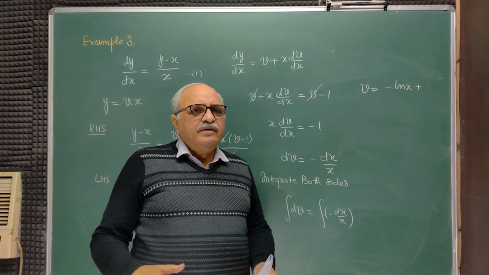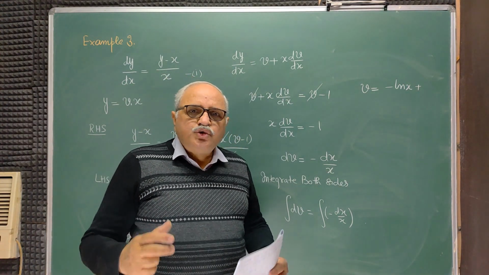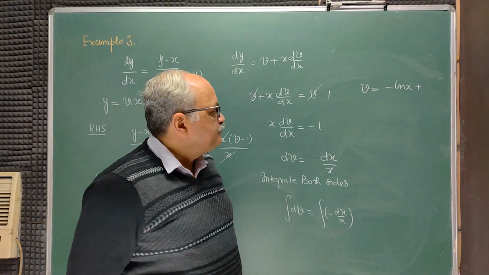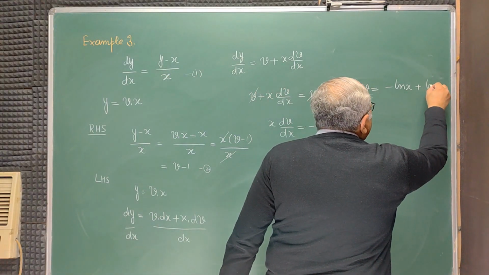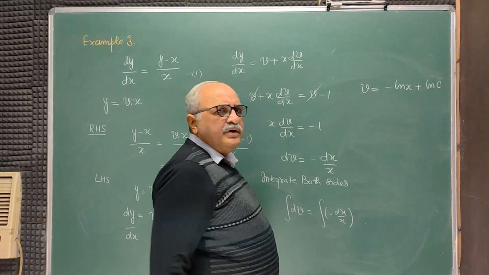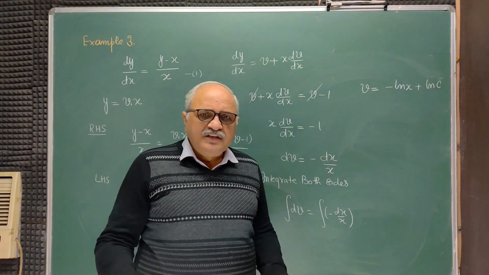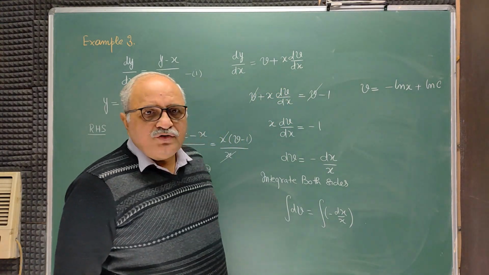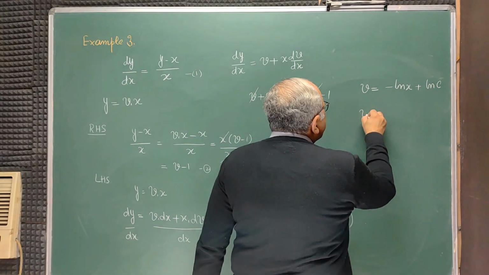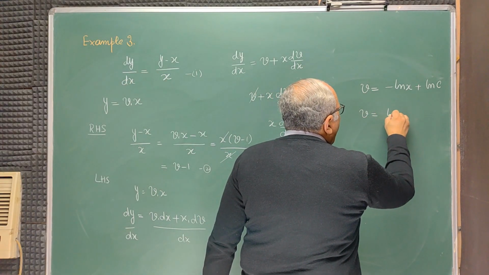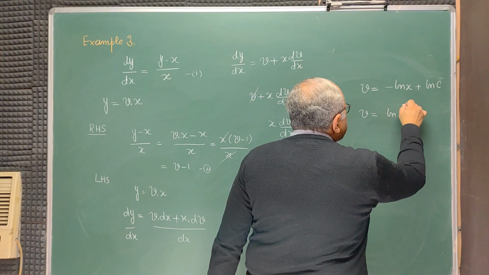Now, the constant can be taken in any form. Choose the form which is suitable to you. Say for example, I choose it as log of c. c is a constant, so log of c also is a constant. So I can take it in this way. So this v now will become log c divided by x.